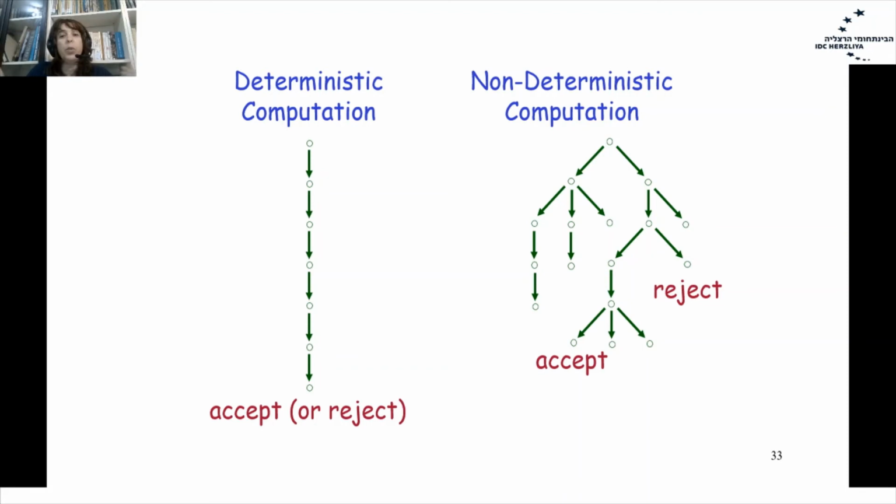And some computations will finish at the last letter, and the result will be that we have to reject the word. But if we have at least one computation ending with an accepting state, then we know that the word belongs to the automaton. So when we have a decision tree of all the paths, it's enough for us to find one path ending with an accepting state.